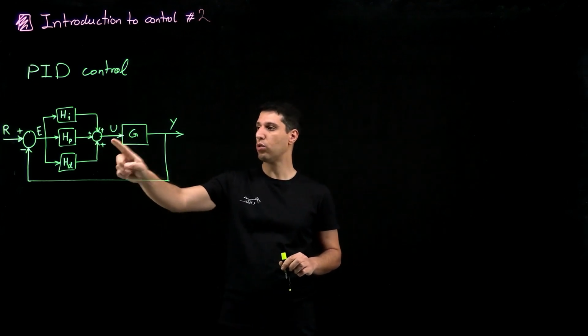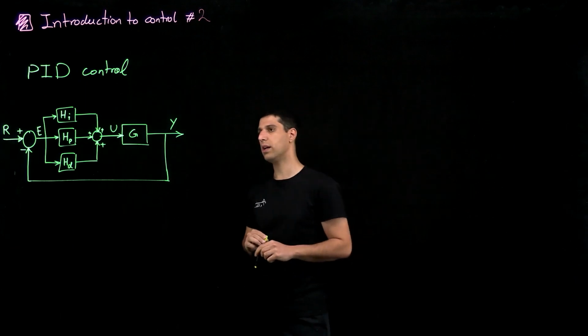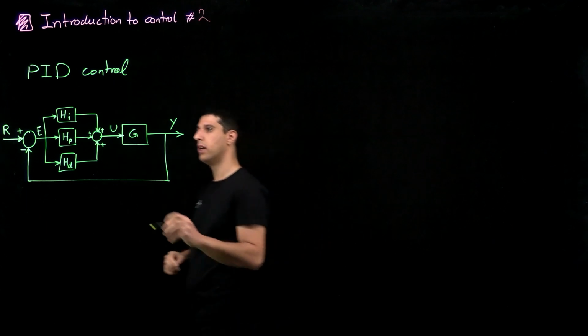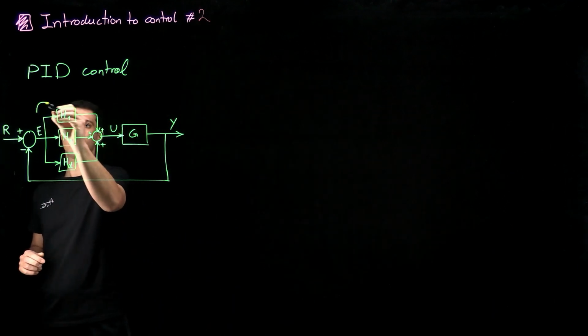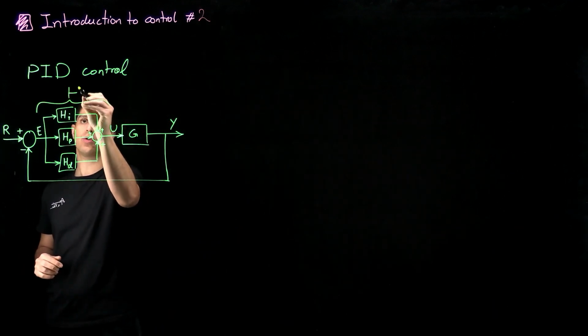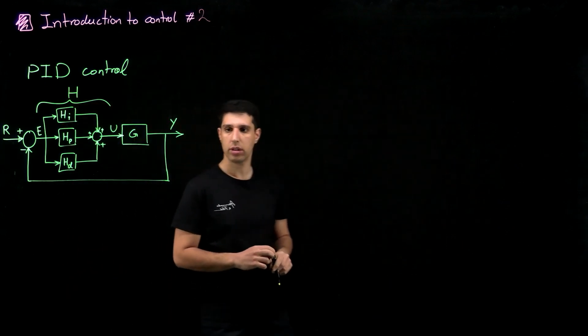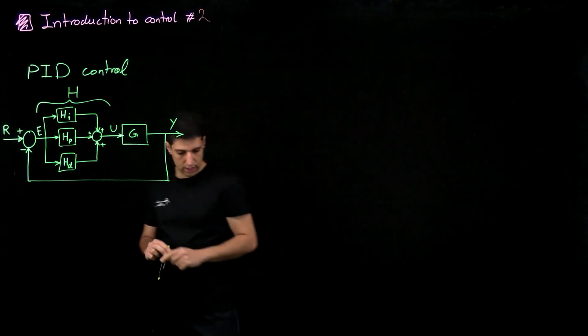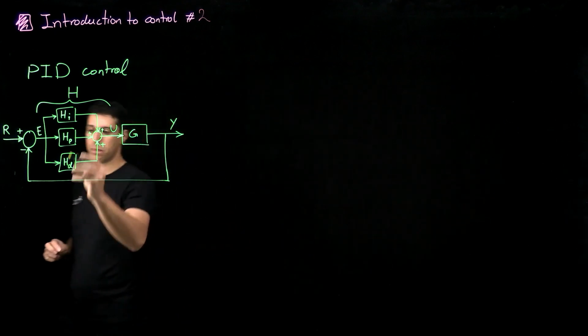That would be my total control input that I can feed to the system. So this whole thing is my control gain H. Let's go a little bit into what each portion does.